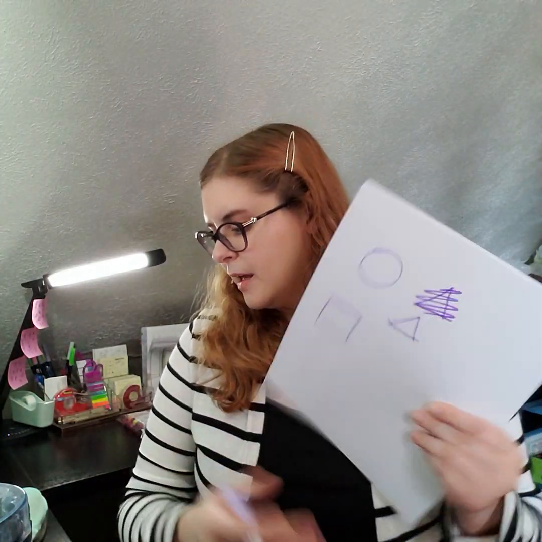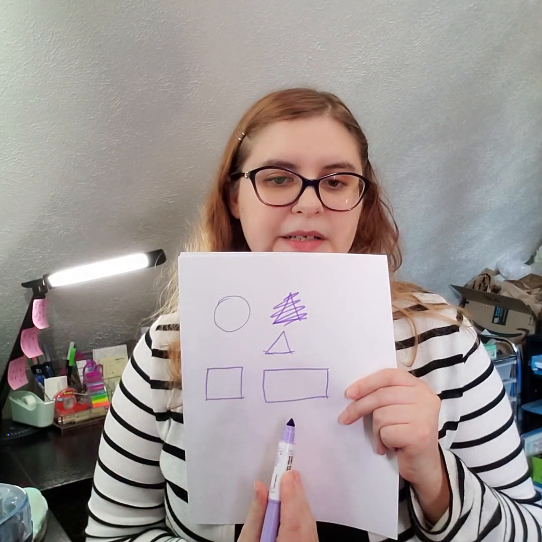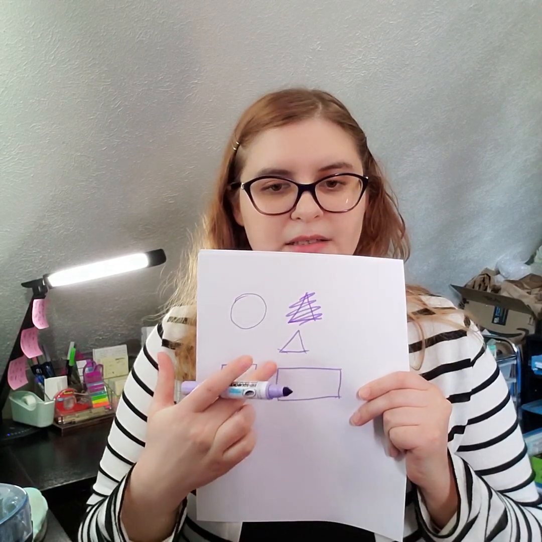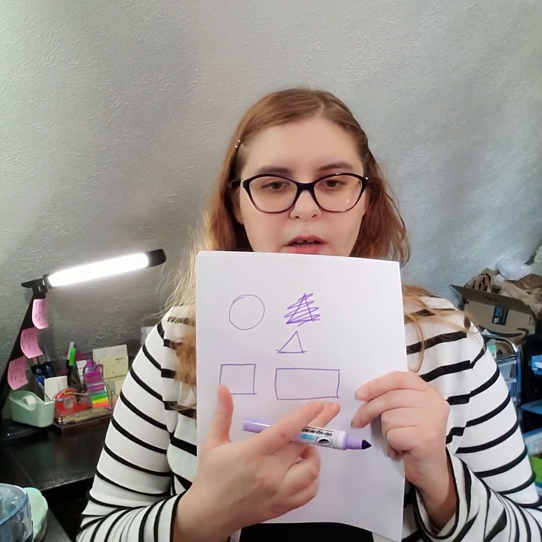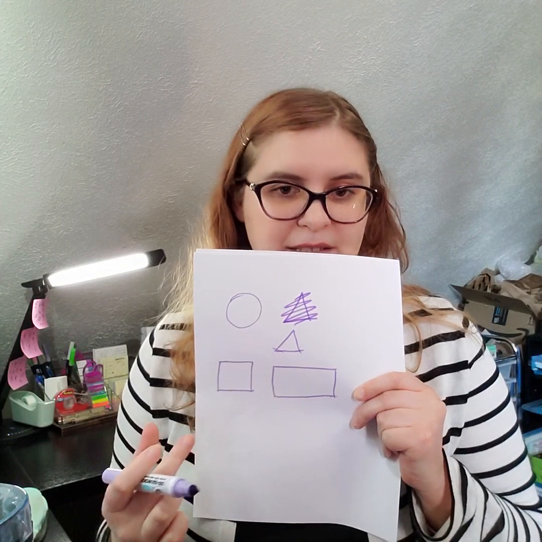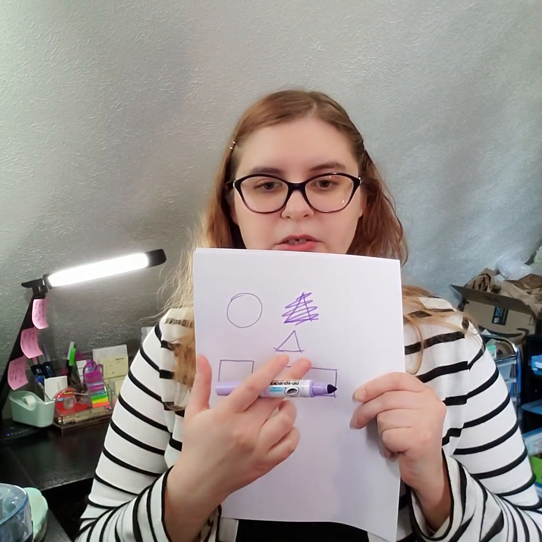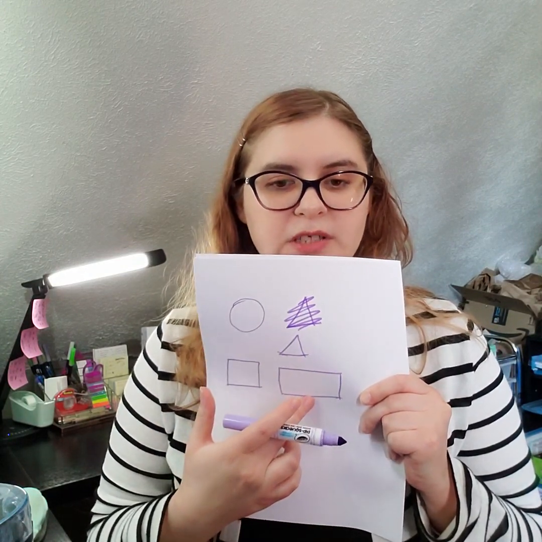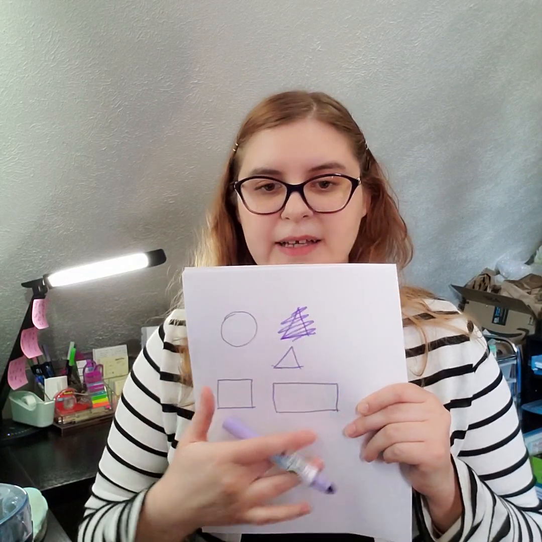Okay, and then for the rectangle, this is a rectangle. It also has 1, 2, 3, 4 points, and 1, 2, 3, 4 lines or sides.